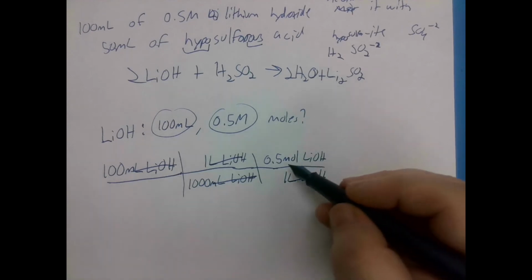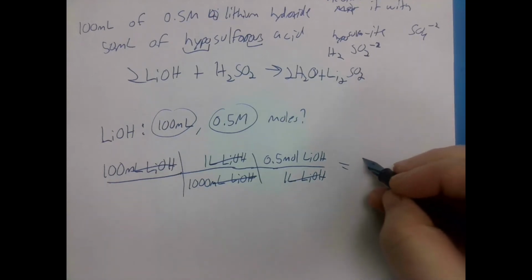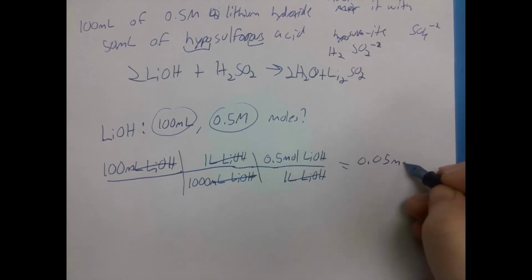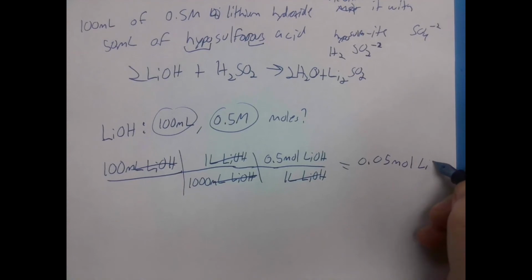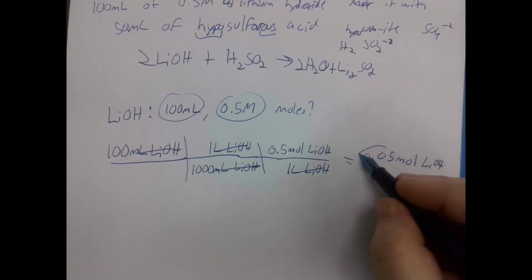And the only unit I have left is moles of lithium hydroxide, so that is our answer. Dimensional analysis, as long as you keep track of the correct value and dimensions of everything, it will always get you to the correct answer.